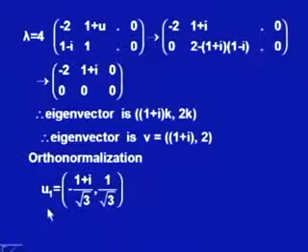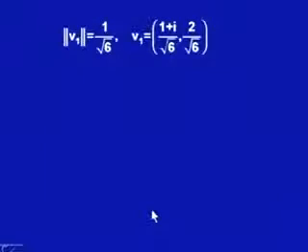So, in this sense u1 is equal to (minus 1 plus i) by root 3, comma, 1 by root 3. This is what we have obtained after normalizing the vector u, and this is a row vector because I am not writing transpose here. So, u1 is an orthonormal vector; its magnitude is 1.